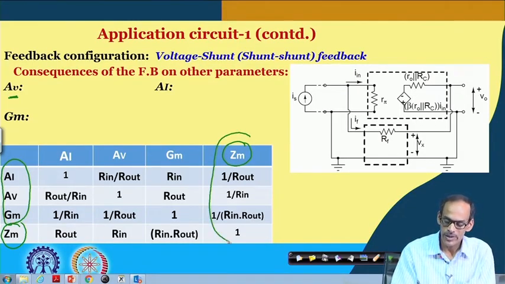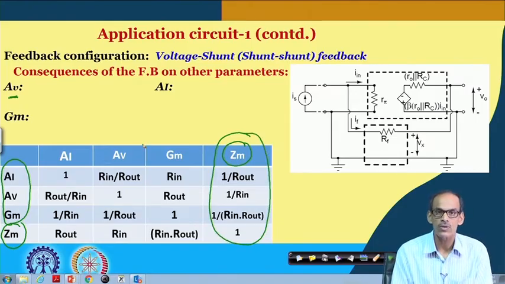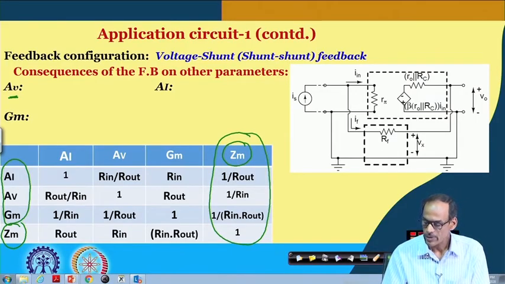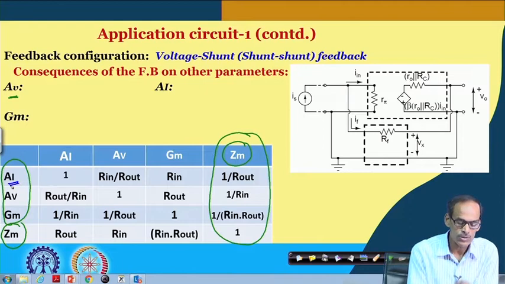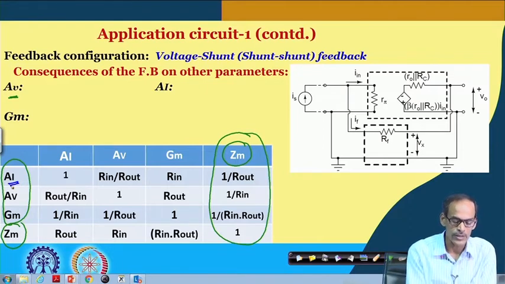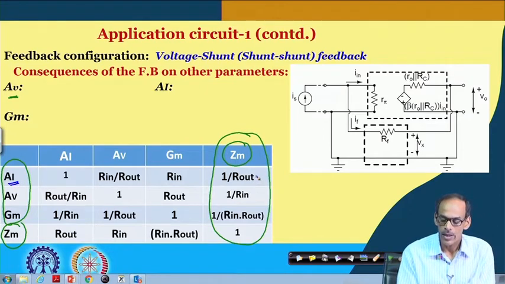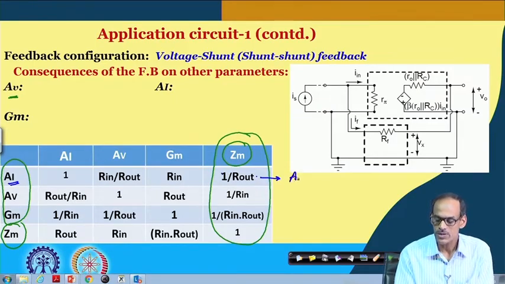To get the information we need to see this column. So, as I said, this circuit has the current gain AI. If I consider this equation, it is giving us an expression AI equals Zm divided by R out.